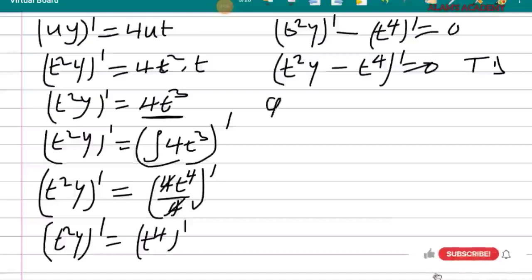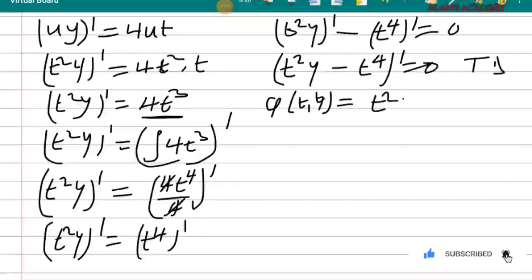So if I say phi of t, y to be equal to t squared y minus t raised to the power 4, this is the potential function. And if that's the case, then phi prime is equal to 0.